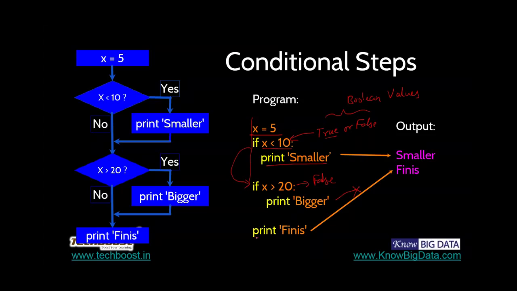And at the end, this has no condition associated with it. We don't see an if or any conditional keyword. If, in fact, is a keyword which is used for writing conditions. We don't have a conditional keyword over here, so this is executed unconditionally.